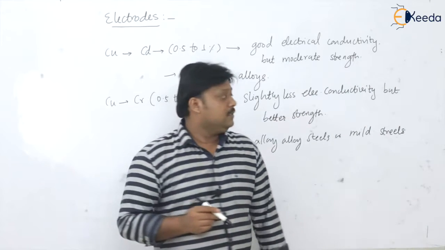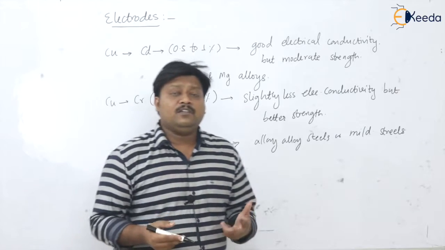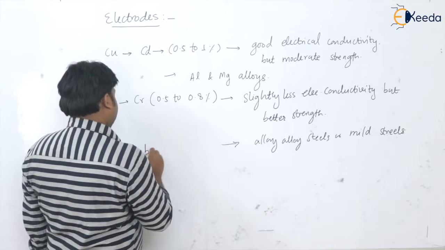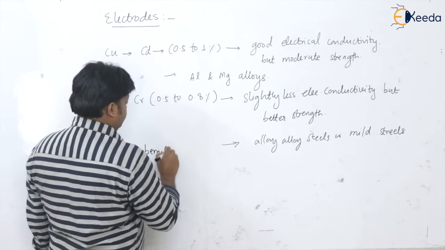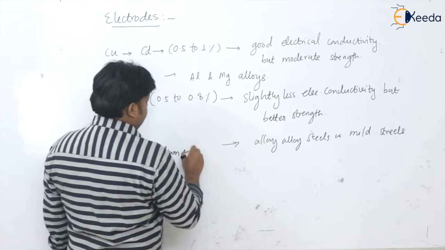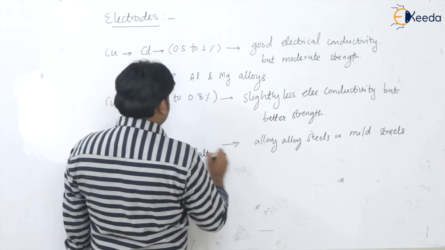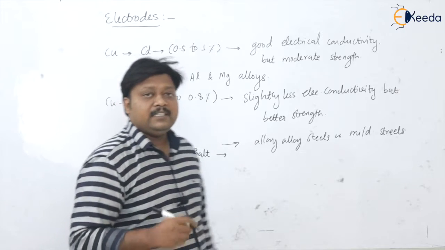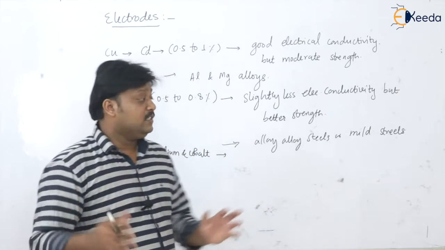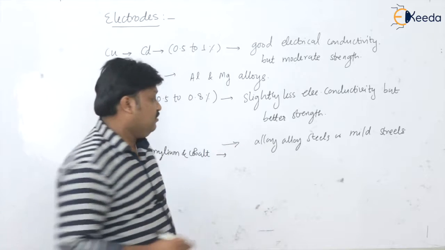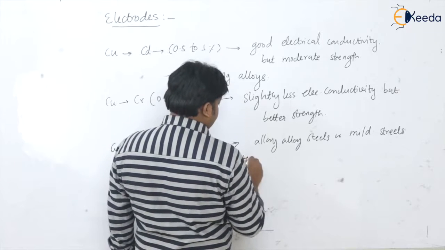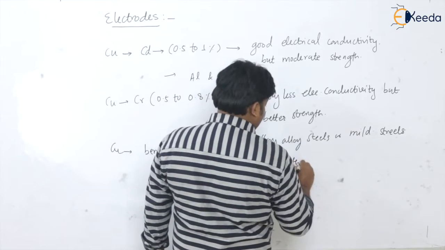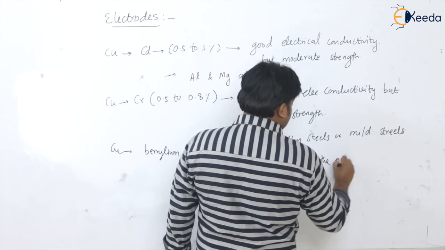Okay, but again, if we add beryllium and cobalt into the copper, no doubt the electrical conductivity decreases by a larger amount, but at the same time you have very high strength for the electrodes.